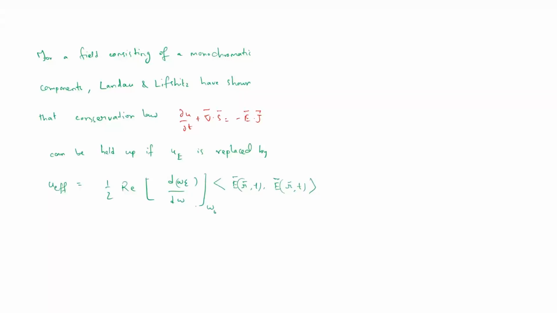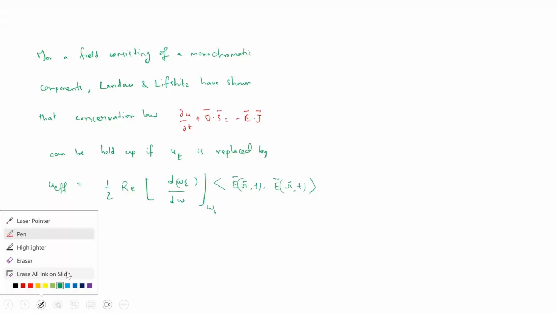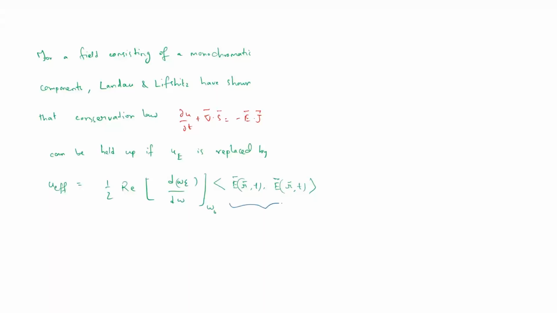It is E square, and it is the time average of that. It is the spatial average, or the field average, over one optical cycle. The electric field is appreciable only in a narrow frequency range around omega naught, because here we are calculating only at omega naught.